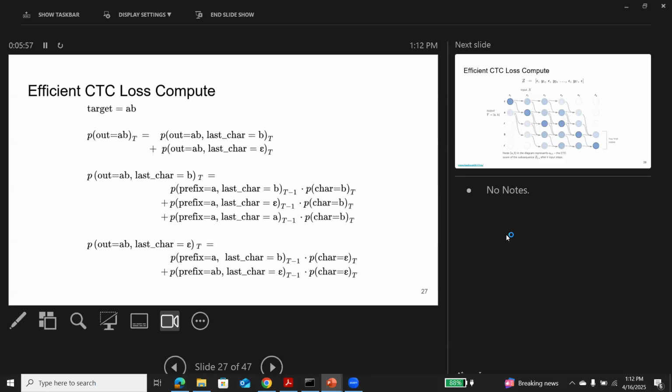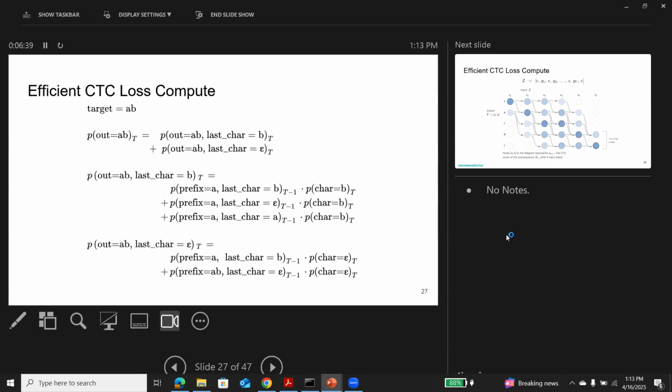So for example, we have the prefix AB, then we can calculate the probability of AB under the condition that the last symbol was B, or that it's maybe a sequence of 3 tokens, and the last character is this blank symbol, because after that we will remove this blank symbol and we will get again AB.